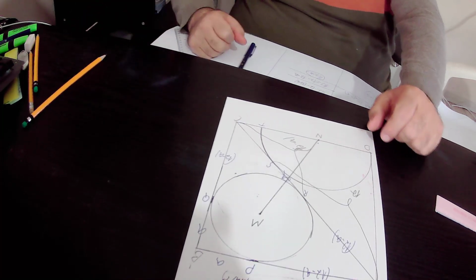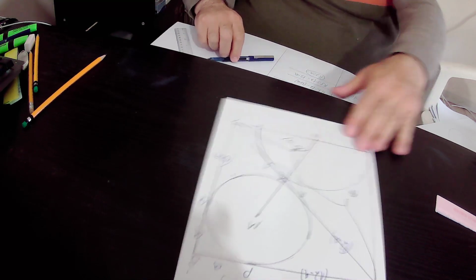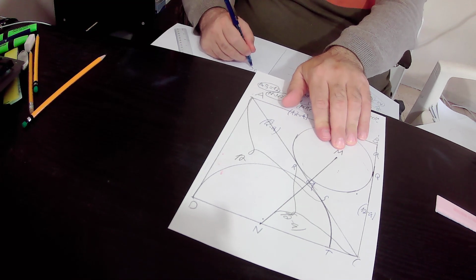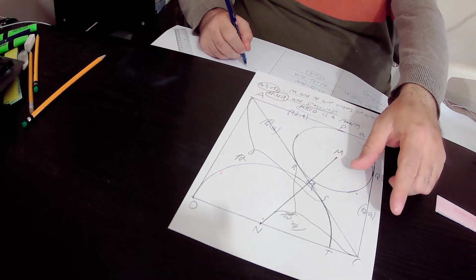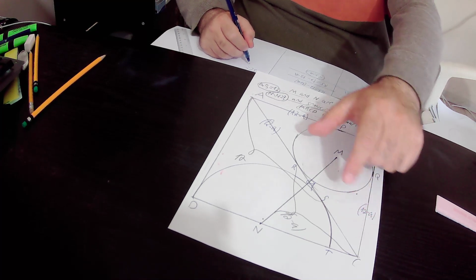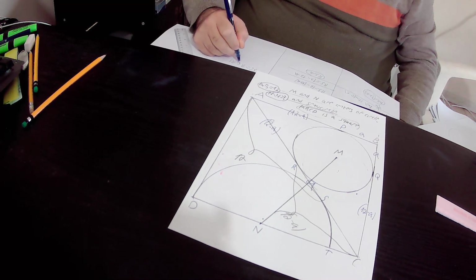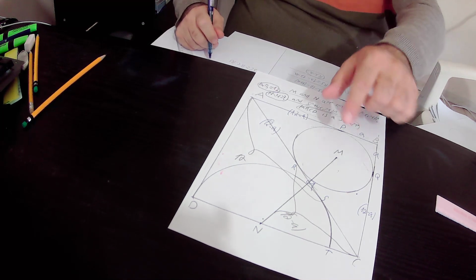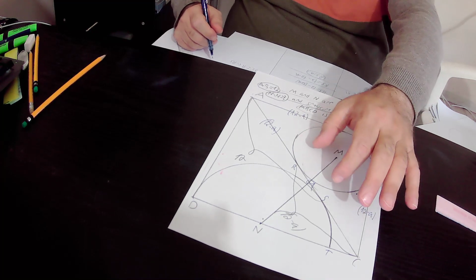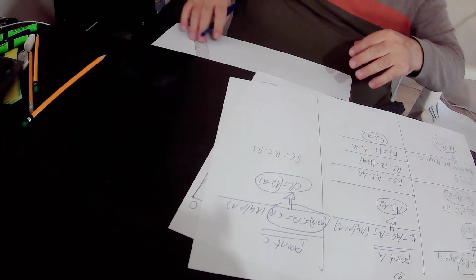And what is the value of line segment SC? It is very easy to see from the drawing that the length of line segment SC is equal to RC minus RS. I'll repeat again. SC equals RC minus RS.